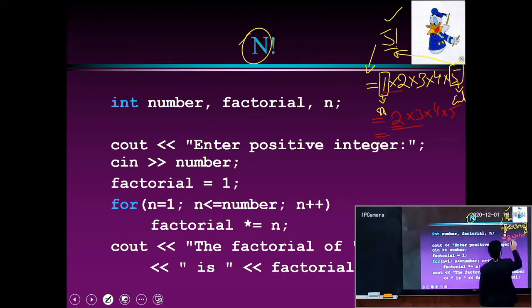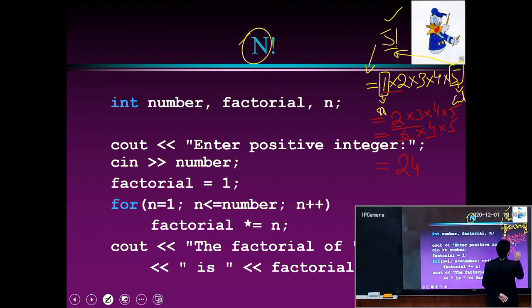So 2 multiplied by 3 is equal to 6, and multiply by 4 and multiply by 5.